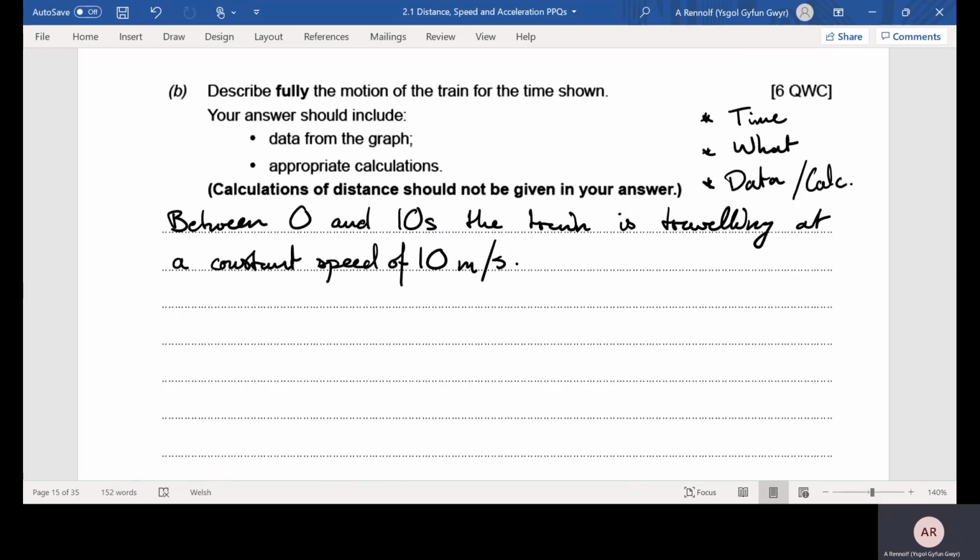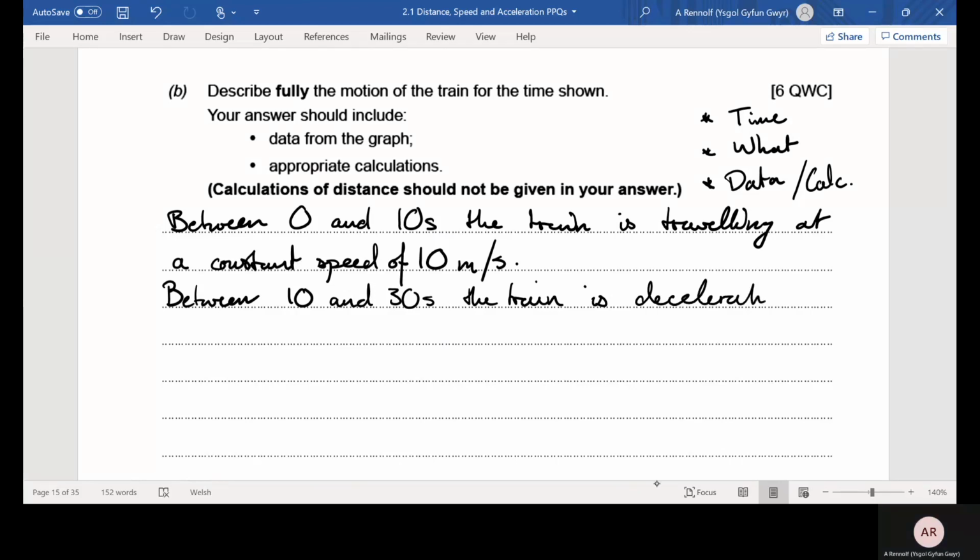We've done the times, what's happening, given data. Part two then, which is our deceleration. Between 10 and 30 seconds, the train is decelerating at a constant rate.